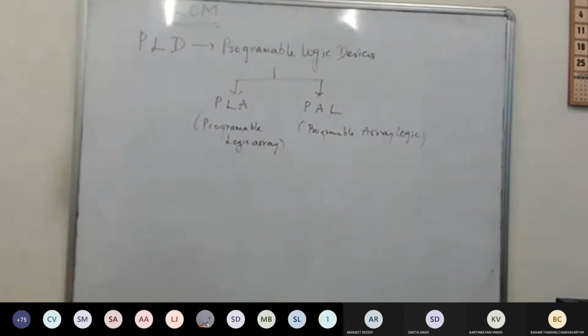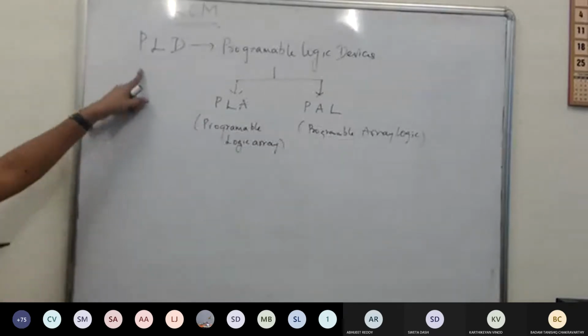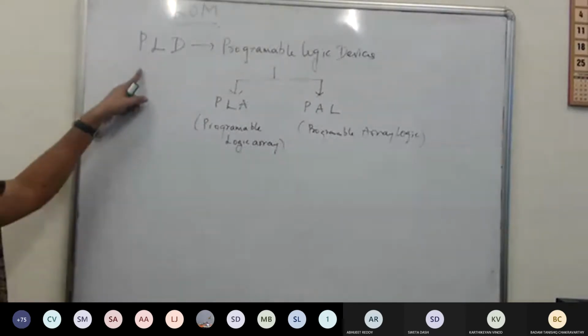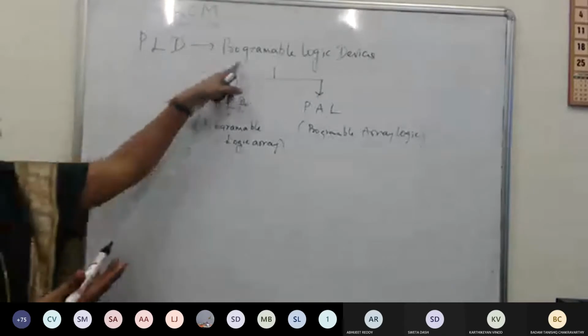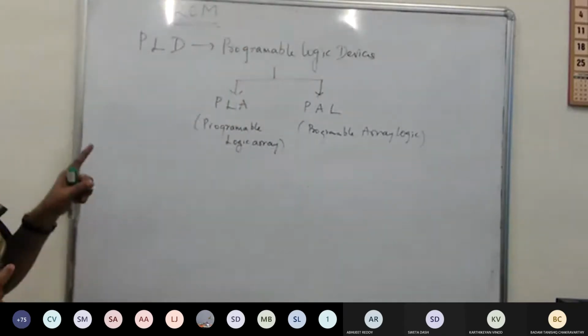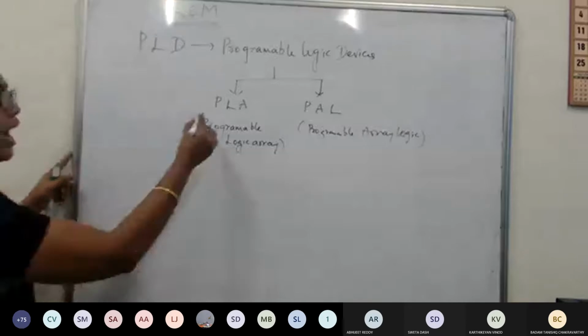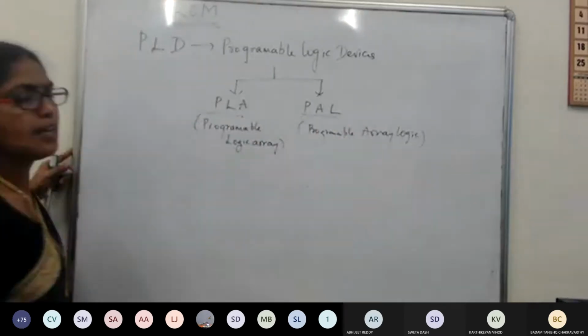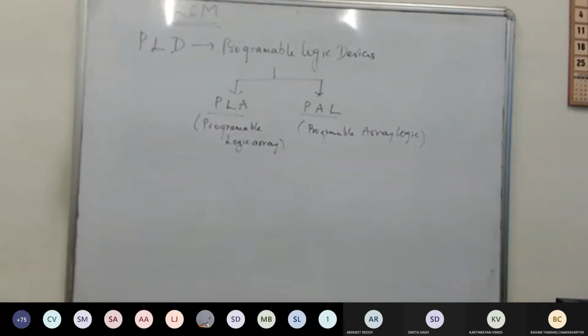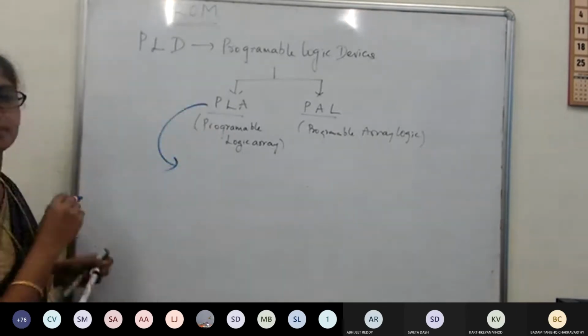We cannot rework on a ROM, but the next memories can be reworked. That means they can be reutilized again and again, provided we can program them. Under that category, I am talking about PLAs and PALs. Now we will clearly understand what exactly a PLA is.